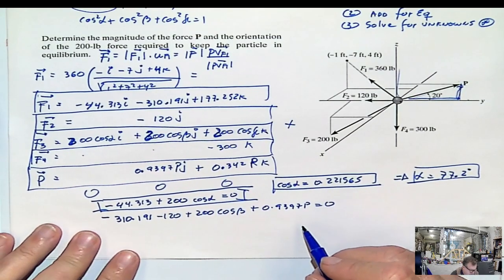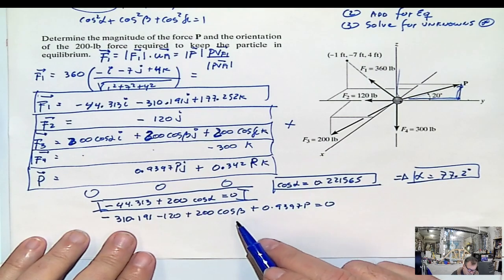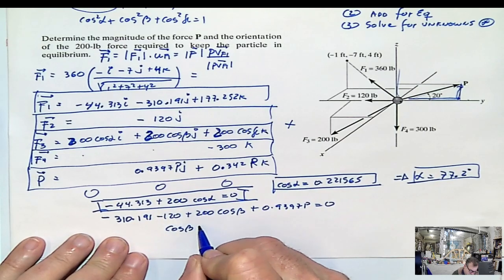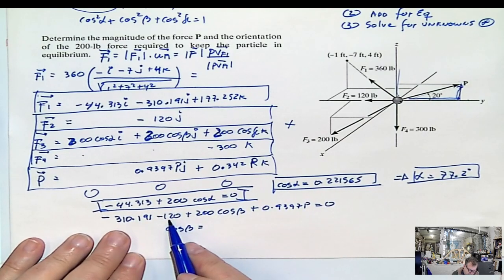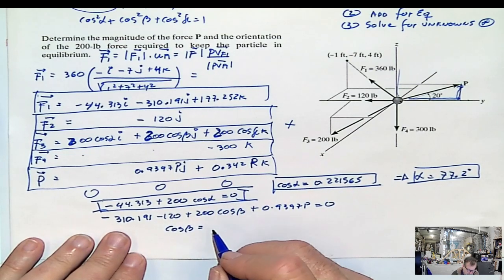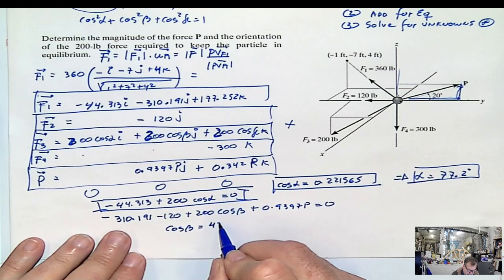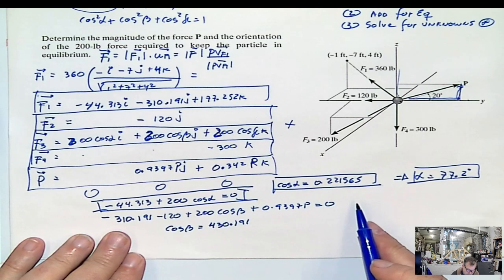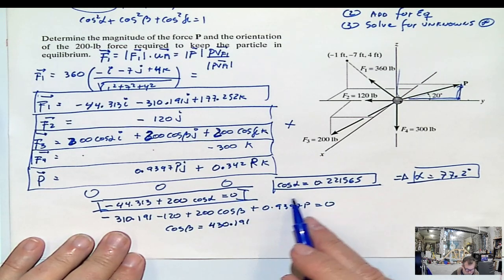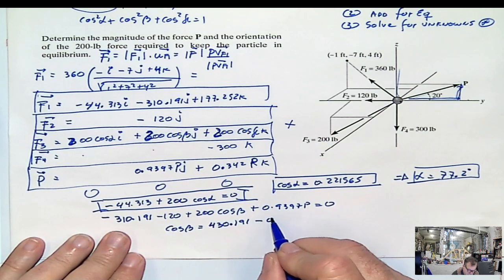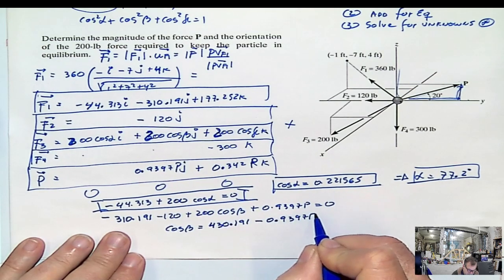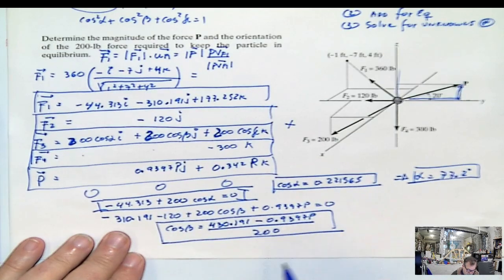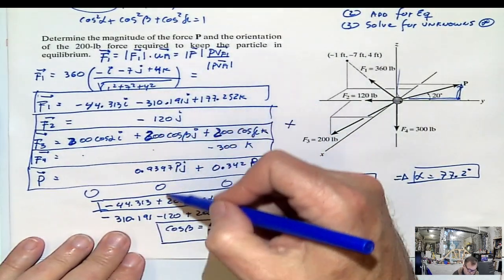Let's solve for cosine beta in this equation. This plus this is negative, so it is going to pass to the other side as positive, and the value will be 430.191. Remember, these two added to the other side, minus, when I pass this to the other side, minus 0.9397P divided by 200. That's what I can get by doing summation of forces in j.